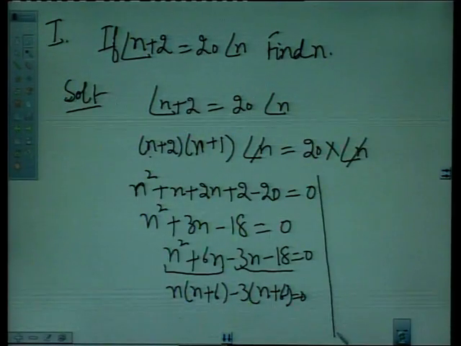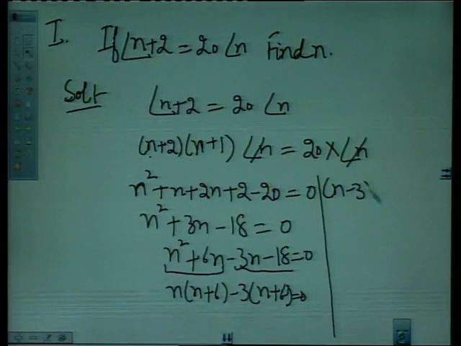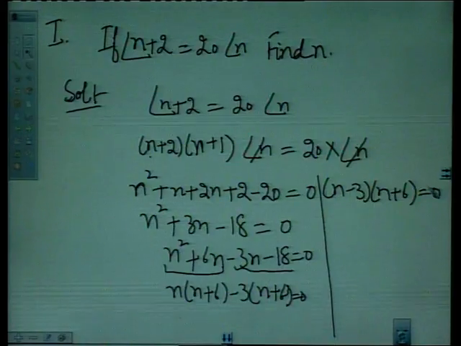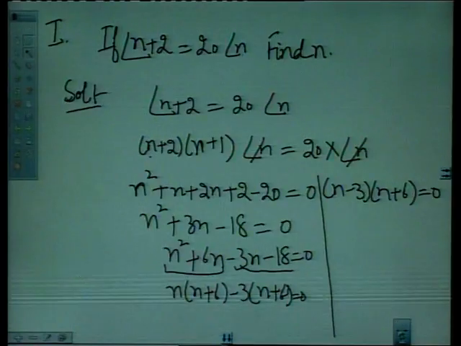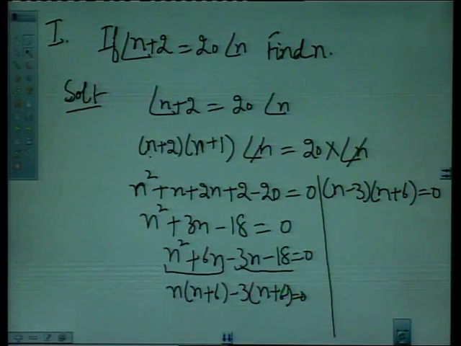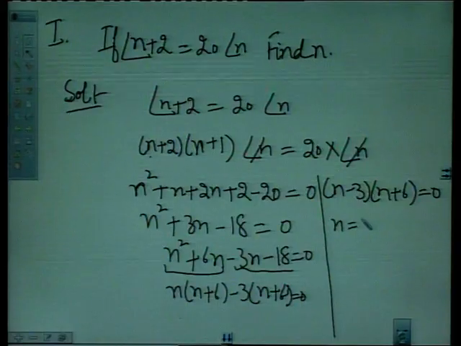Now the factors we get are n minus 3 into n plus 6 equal to 0. Now, this is the product of two terms. Product of two terms equal to 0 means either the first term is equal to 0 or the second term is equal to 0. The first term equal to 0 gives n is equal to 3. The second term gives the value n is equal to minus 6.